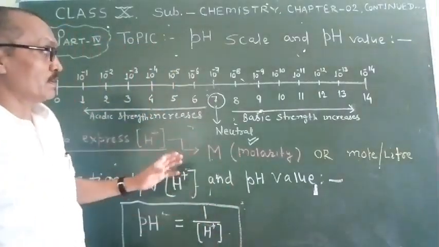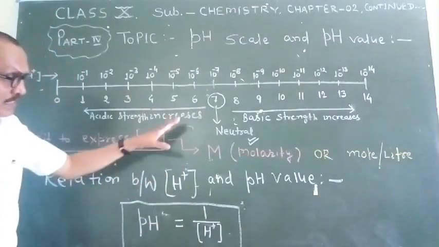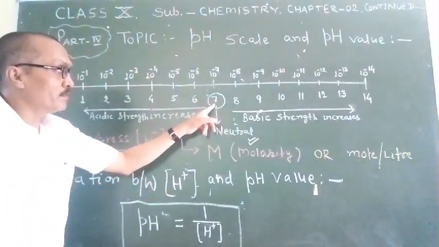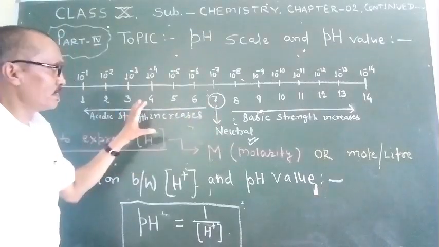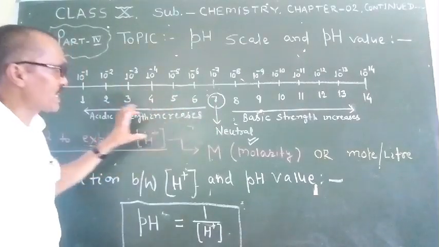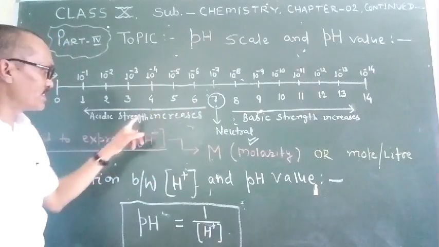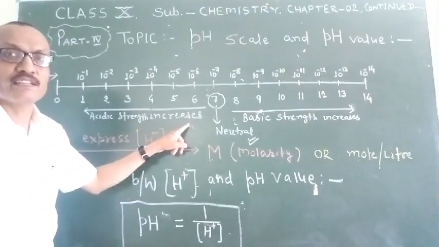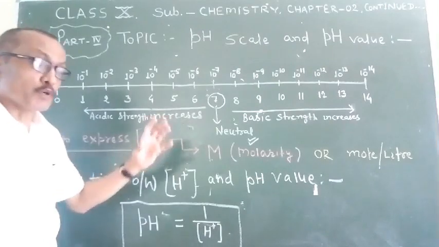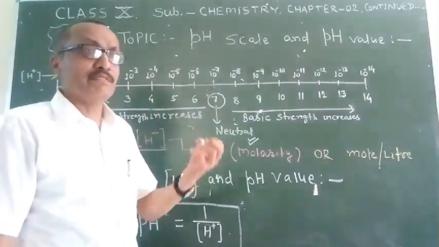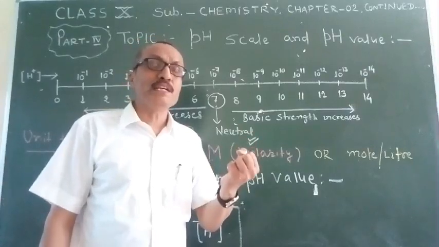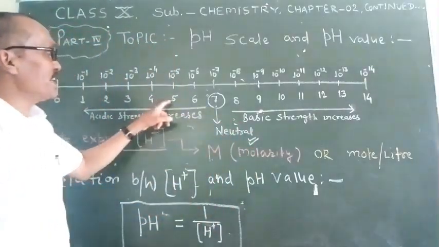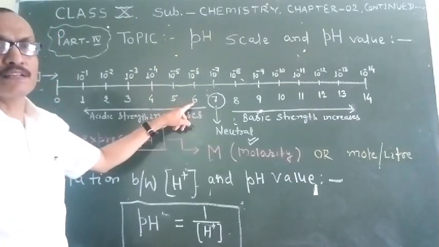Okay? Now, students, you can see here, as you move towards left from 7, acidic strength increases. It means, suppose two solutions you have been given and pH of those two solutions are 5 and 6 respectively.